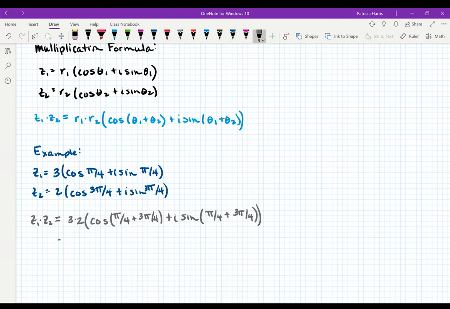So we got 6 (cosine pi plus I sine pi), like that.